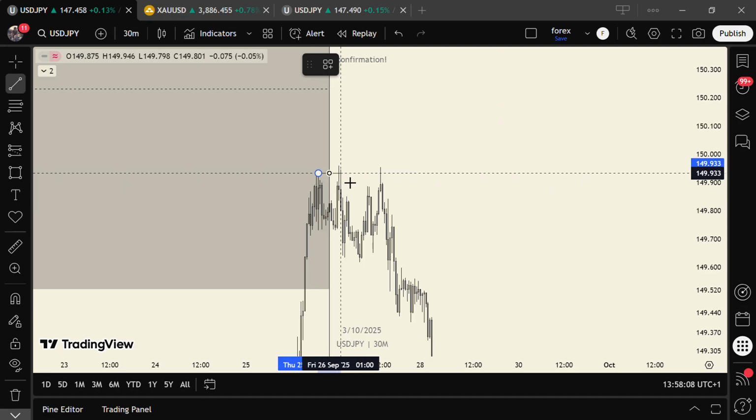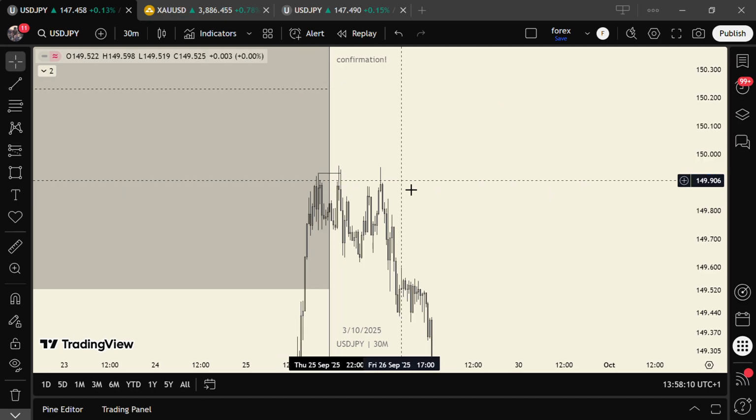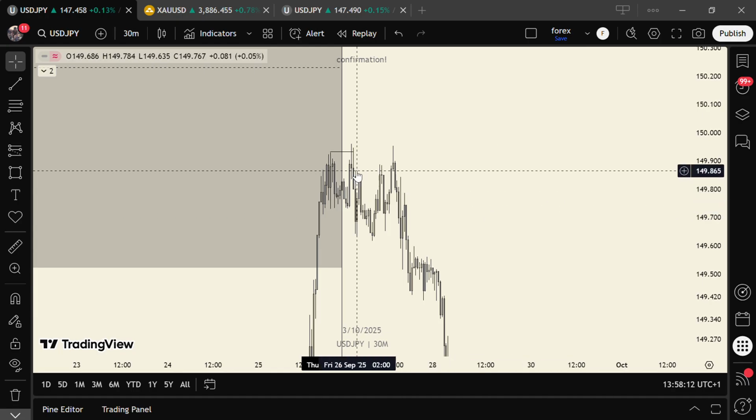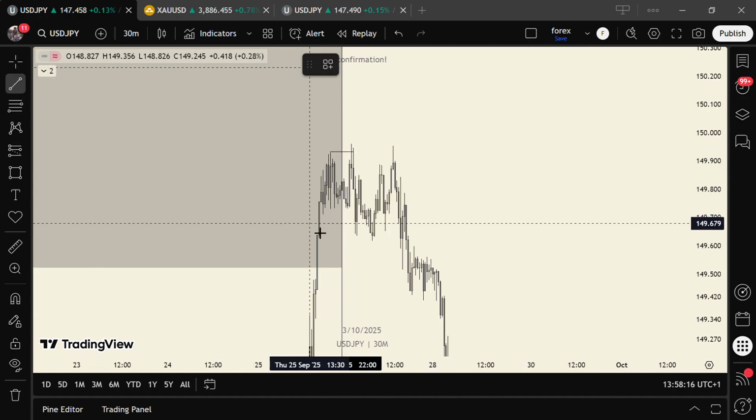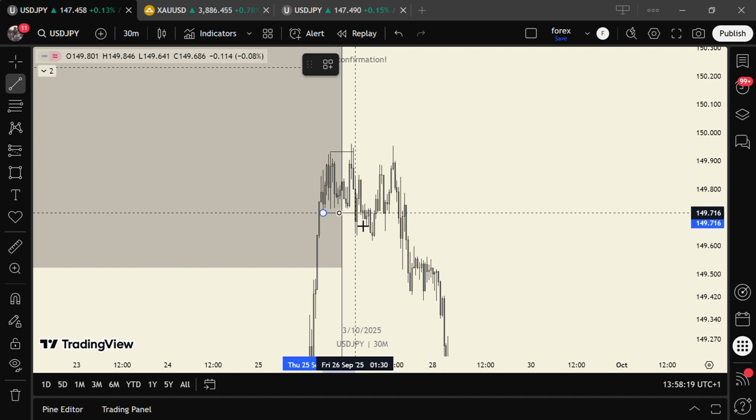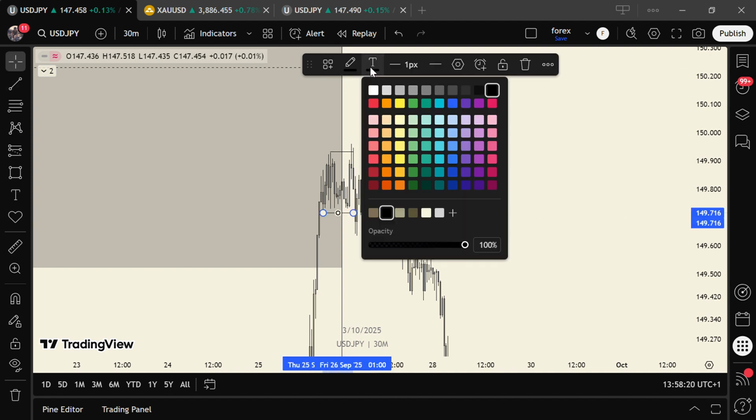We haven't talked about that yet, but we got a liquidity sweep, and then what happened right here, we can see right here we got our market structure shift.